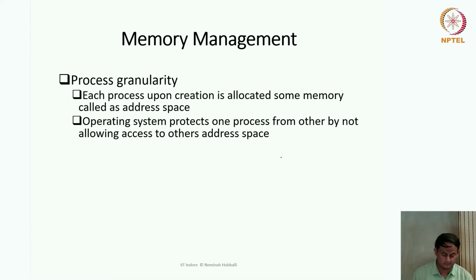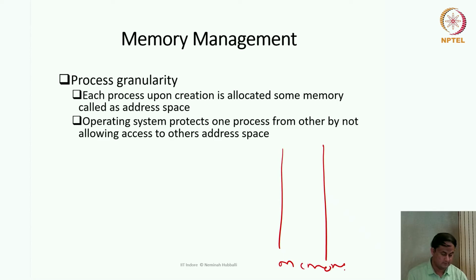If you look at the diagram, the memory within the system can be thought of as your main memory, and a process when it starts is allocated some address space. So maybe from starting address 1000 to 2000 is given to the process P1.